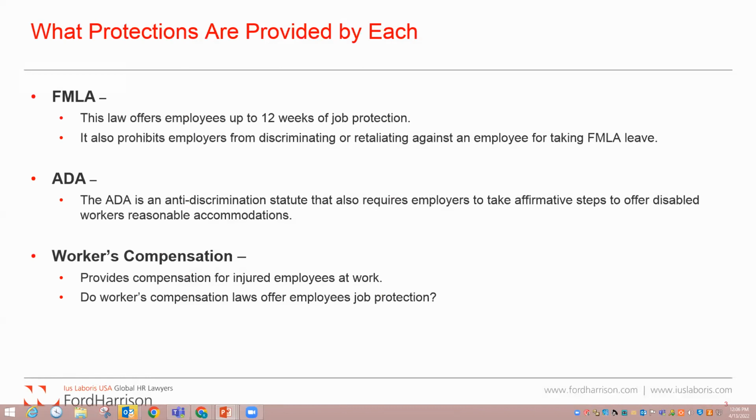Oh, and one thing on the prior slide I wanted to quickly mention that may be applicable to some employers: the FMLA applies if there are 50 or more employees, but the ADA comes into play if 15 or more employees.